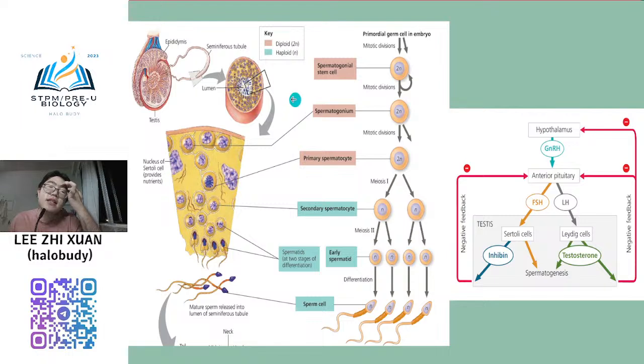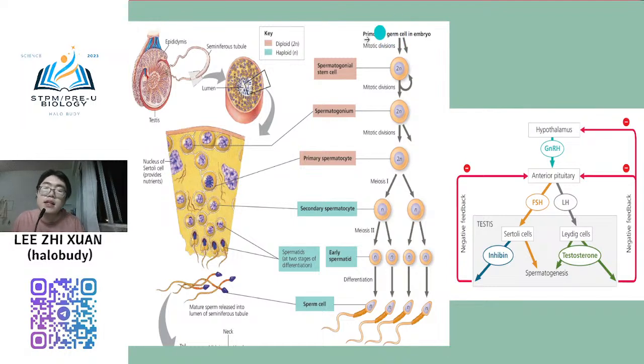I think everyone should be very familiar with the spermatogenesis process, because it is totally the same as what you learned in SPM. Normally in spermatogenesis, the original cell in the seminiferous tubule is called the primordial germ cell.